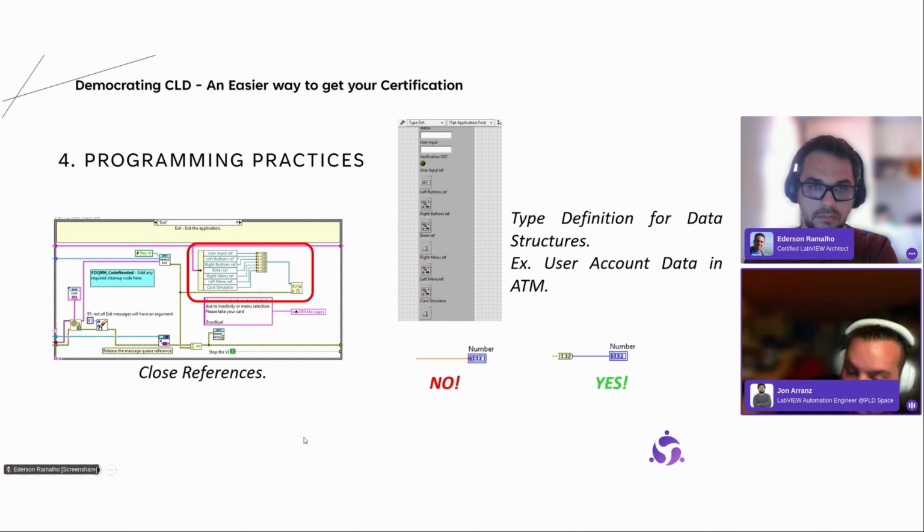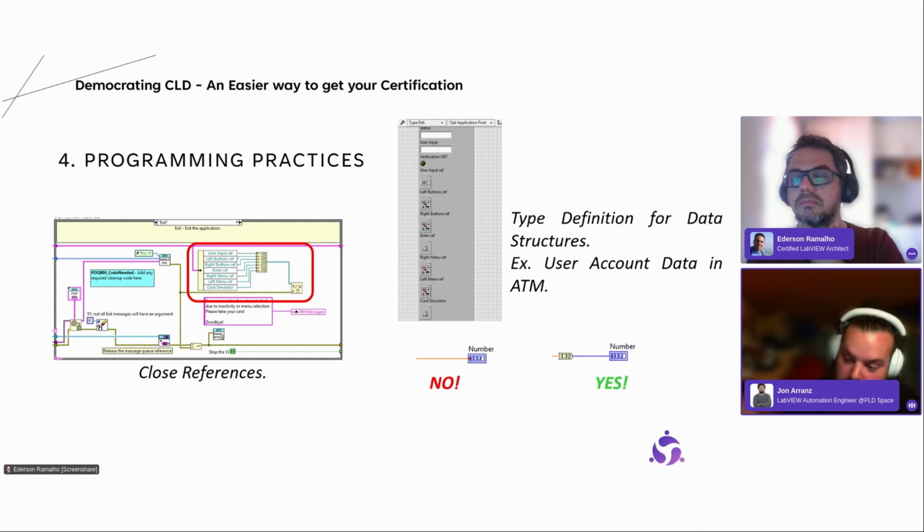And it's important to avoid coercion dots. Sometimes, like in these references, we cannot avoid them because we just need the reference, not the strict reference, in order to close them, or to use generic attributes of a control or indicator, like making them visible, or disabled and grayed out. But for example with numeric controls and indicators, it's very important to avoid coercion dots, because sometimes we will have a big problem if we don't.